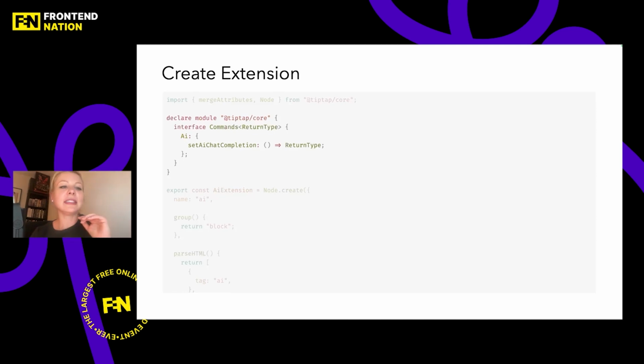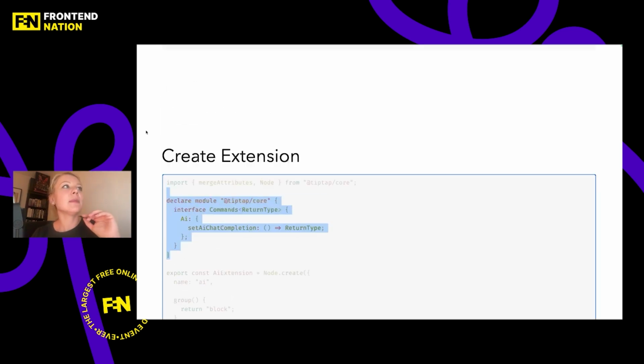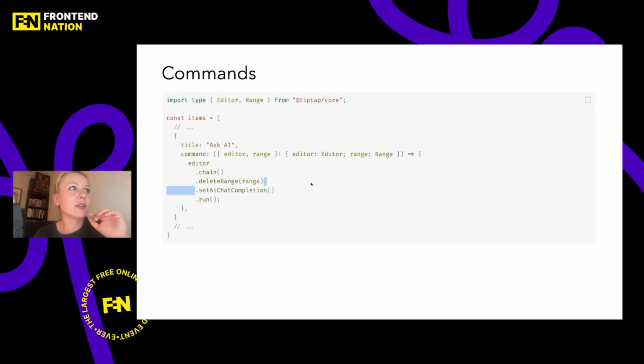If I would delete this piece of code, this would simply mean that I cannot write this one here anymore. As I said before, we are having TypeScript here, so we know what we are doing. And editor.chain, .deleteRange, and .run, these are Tiptap specific commands, it knows what it's doing here. But setAICompletion is something, what is it?